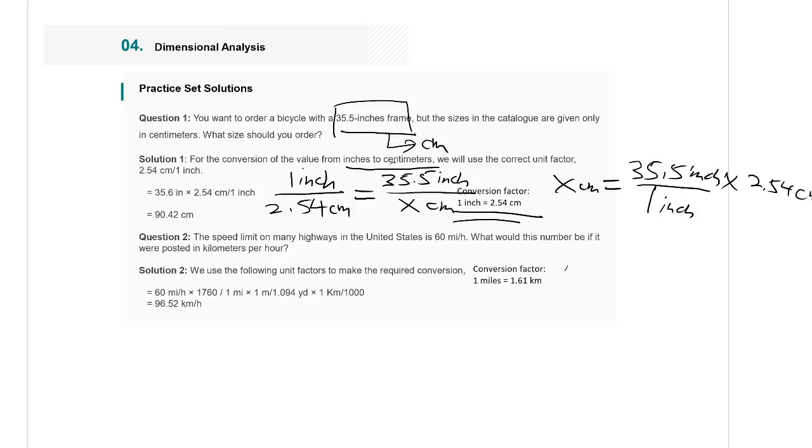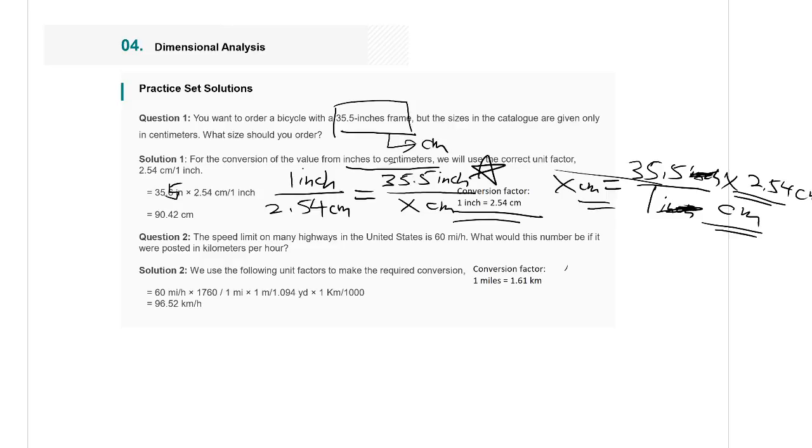From here you can see that we can cancel out the unit, and the remaining unit will be centimeters. Left and right have the same unit, so we have the equation right. So we have 35.5 times 2.54 divided by 1 inch, which comes from this equation over here, and then we have 90.17.